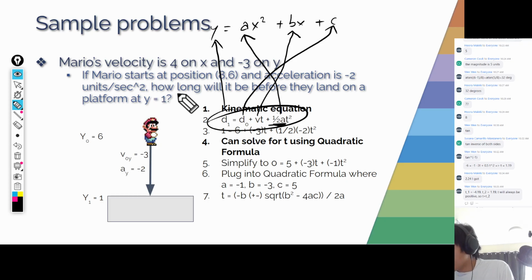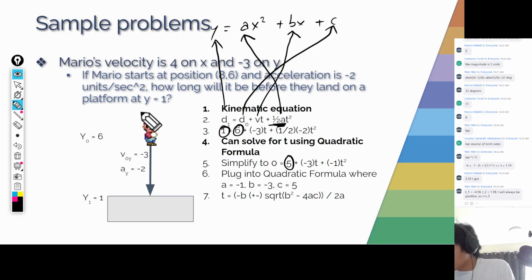We do have Mario trying to land on a platform at y equals 1. So all we are going to do is say that d1, our final position, is going to be 1. Then we're just going to subtract it from both sides, and we'll end up making that 6 into 5. That's all.